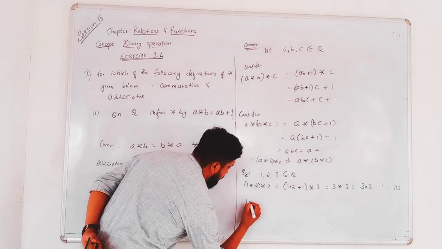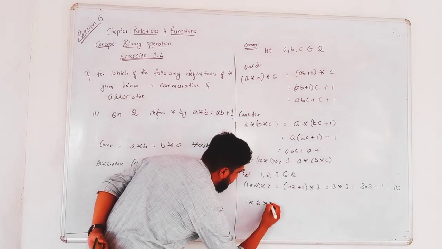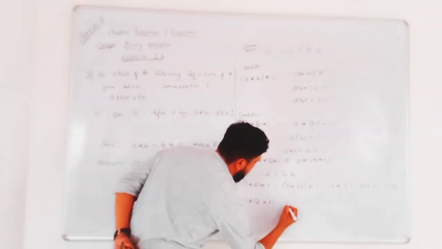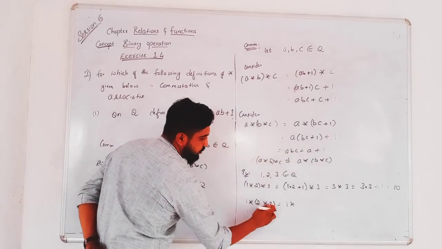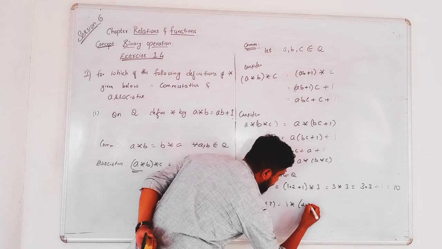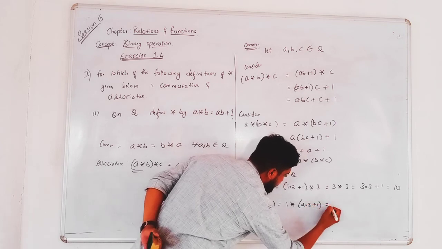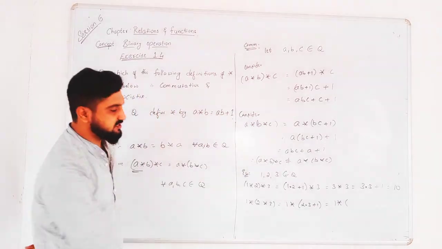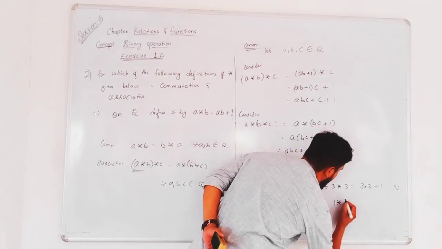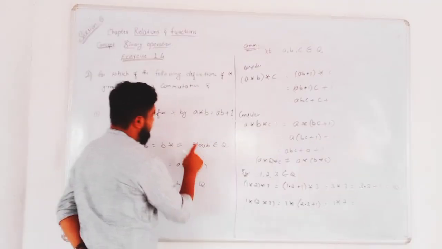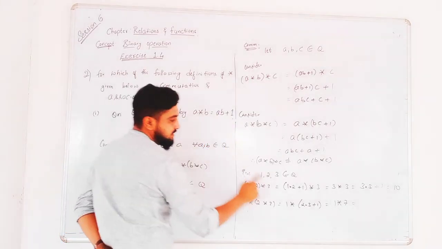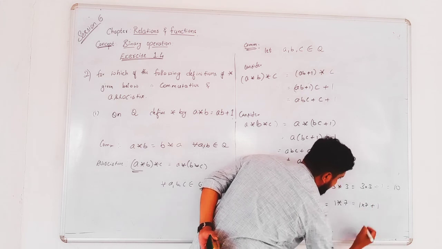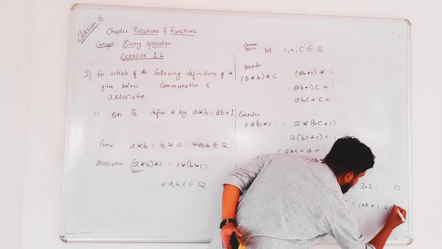That is equal to 9 plus 1, which is 10. So now consider 1 star (2 star 3). 2 star 3 is 2 into 3 plus 1, which is 6 plus 1, that is 7. So 1 star 7. Again, a star b is ab plus 1, so 1 into 7 plus 1, which is 7 plus 1, that is 8.